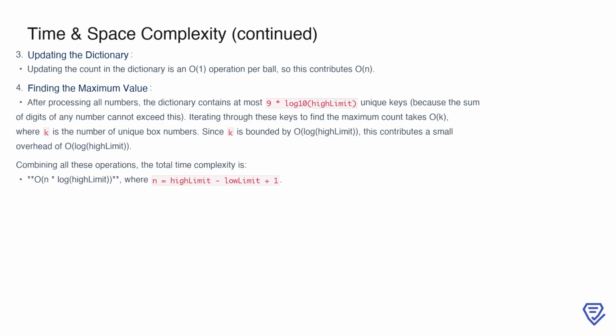The number of unique keys in the dictionary is limited by the sum of the digits of the largest number, which is bounded by 9 log base 10 high limit. Iterating through these keys to find the maximum count takes O(k), where k is the number of unique keys. Because k is constrained by O(log high limit), this adds a minor overhead of O(log high limit). Combining all these steps, the overall time complexity of our solution is O(n log high limit), where n represents the size of the range between low limit and high limit.